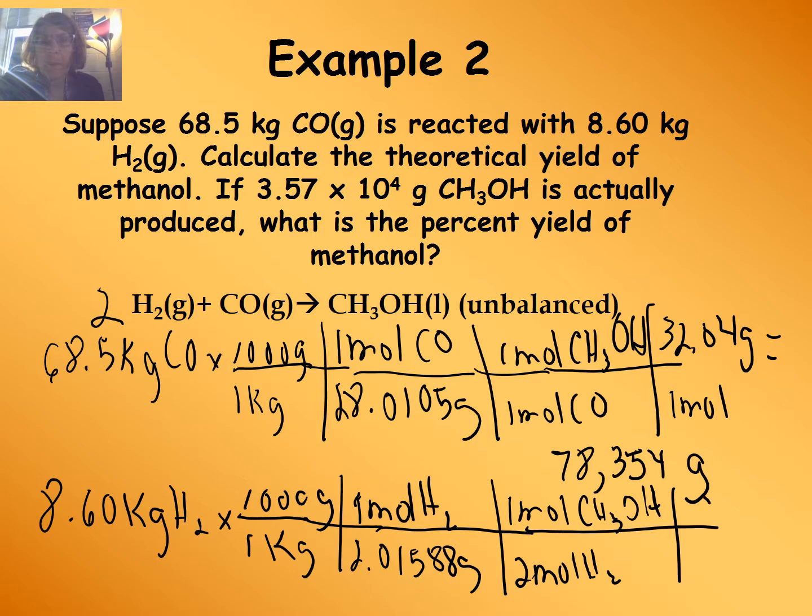And then we multiply that by 32.04 grams of CH3OH. So 68,343.